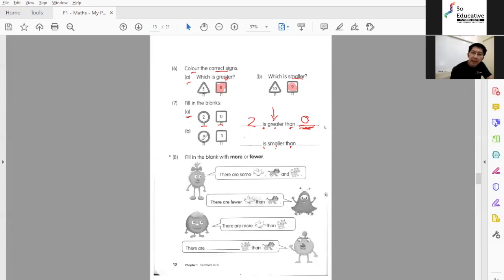So we have 9 and 3. Which number is smaller than which number? So of course, 3 is smaller than 9. 3 is smaller than 9.